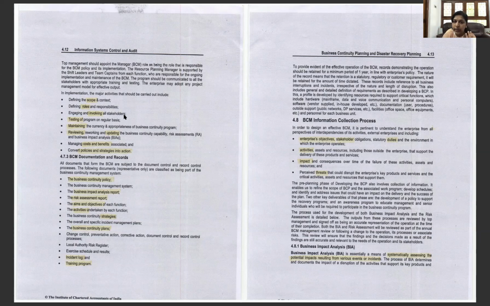Next is testing, maintaining, reviewing, and updating. And next is managing cost and benefits. So we have to weigh the cost against its benefits, and then convert policies and strategies into action.